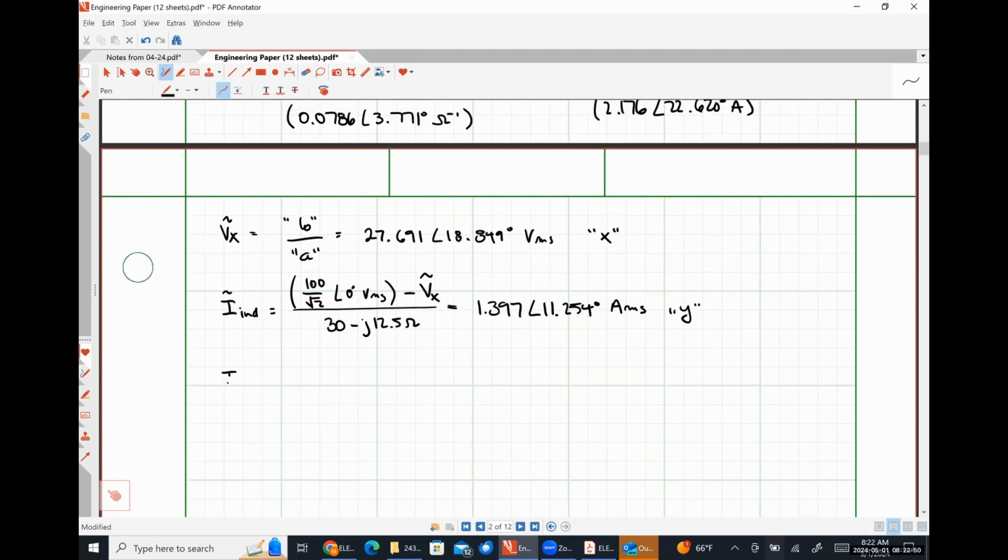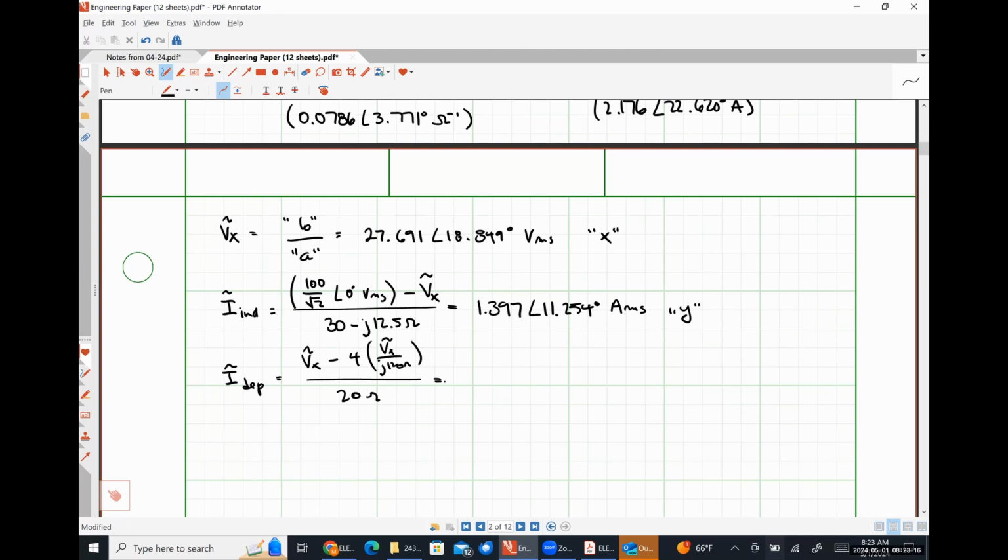And I dependent is Vx minus 4 Vx over J 120, all divided by 20.